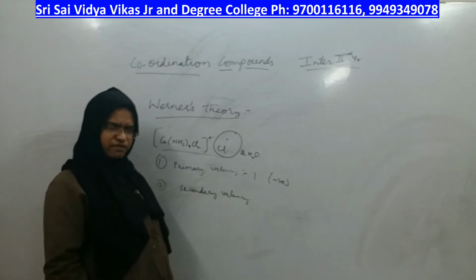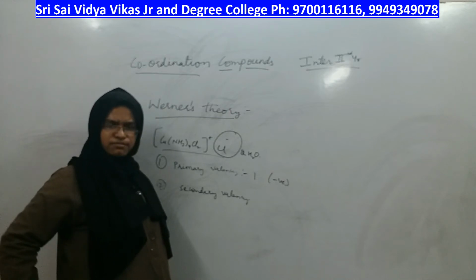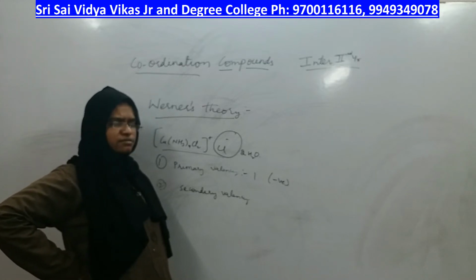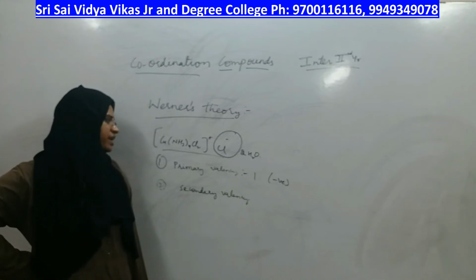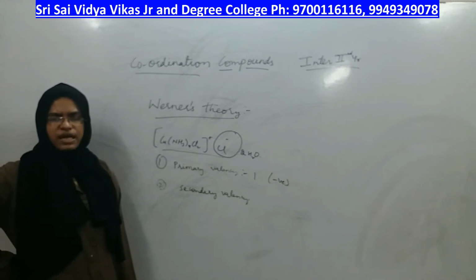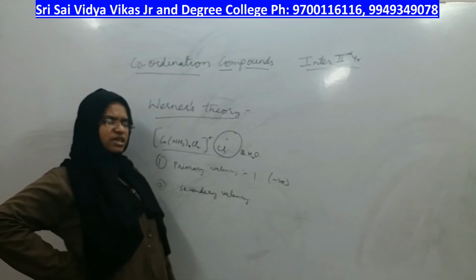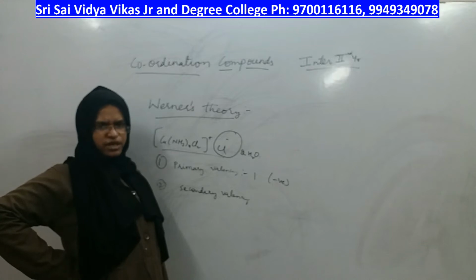Coming to secondary valency, it is the number of atoms or groups which are surrounded by the central metal ion. It can be in the form of an atom or in the form of a group.